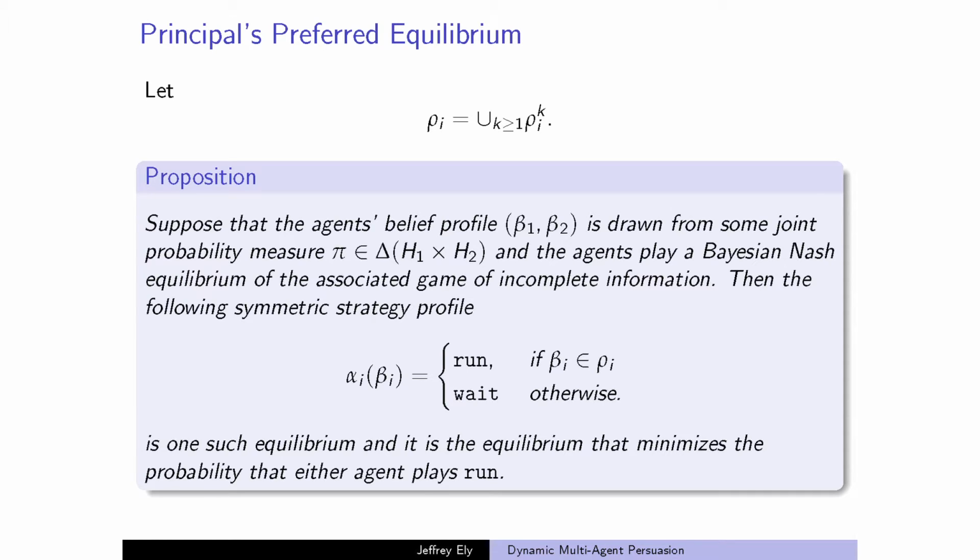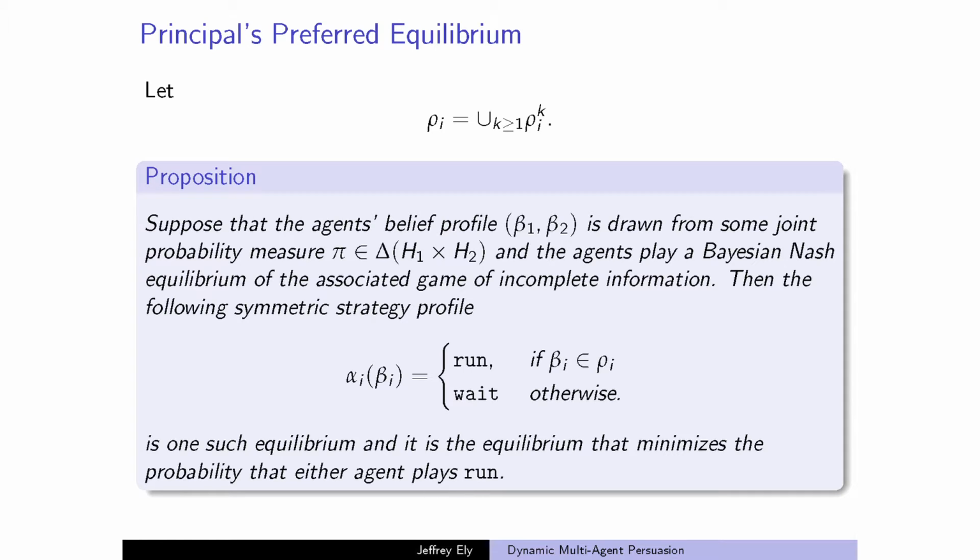And in fact, there's one which has the property that everywhere else they're waiting. If we wanted to look at the best equilibrium from the point of view of the principal, the one that allows them to forestall a bank run as long as possible, it would be that one. That's the one that has the agents waiting as long as possible. So I'm going to use that equilibrium selection rule.